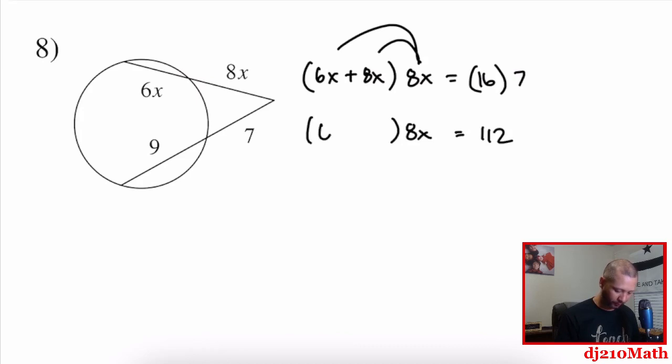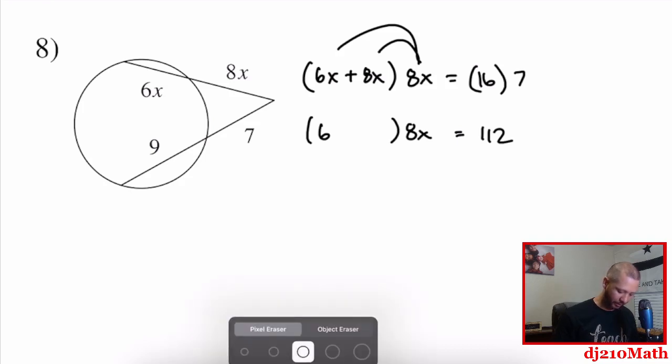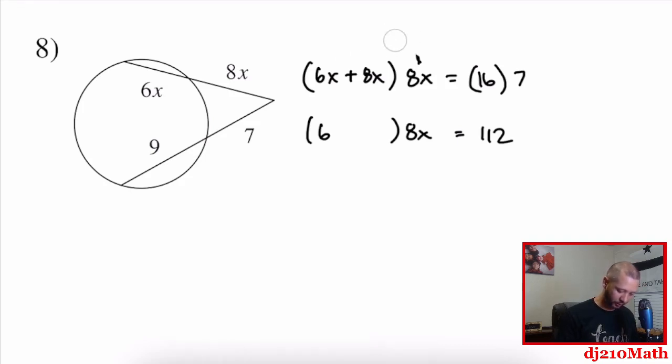So before we distribute anything, let's kind of simplify, and maybe something interesting will happen. Because notice on the inside part, these are both x's. So that can combine, whatever 6 plus 8 is. 8, 9, 10, 11, 12, 13, 14. 14x. Is 112 divisible by 8? It is. That's nice.